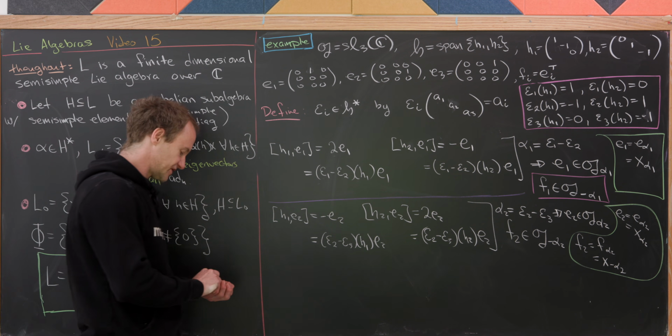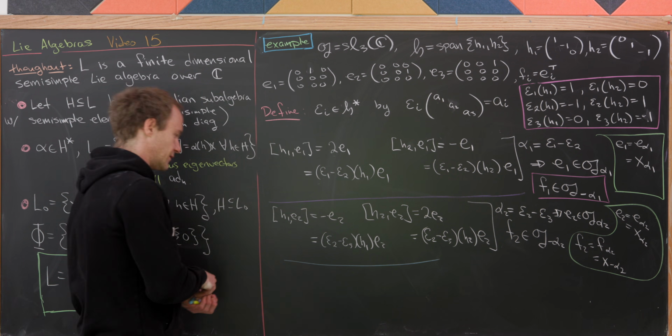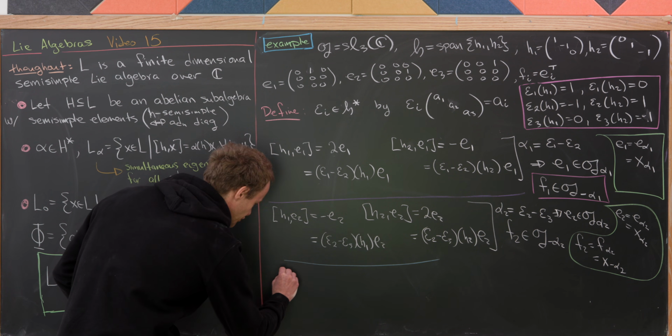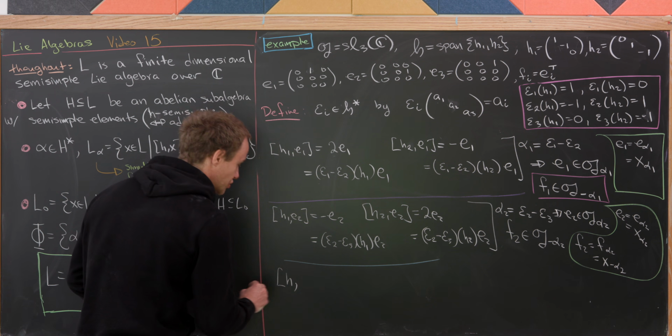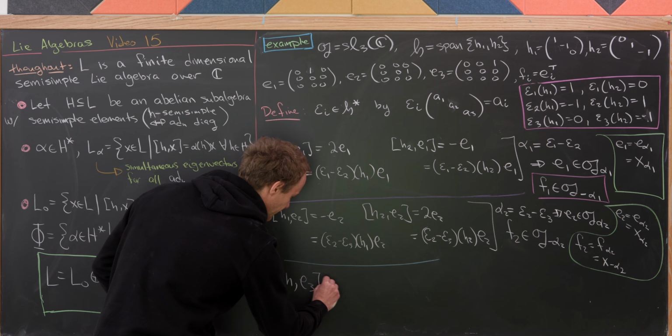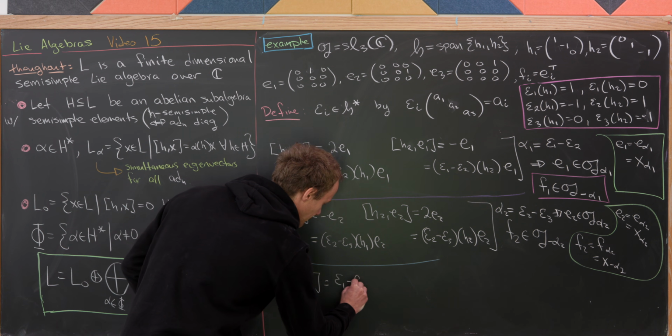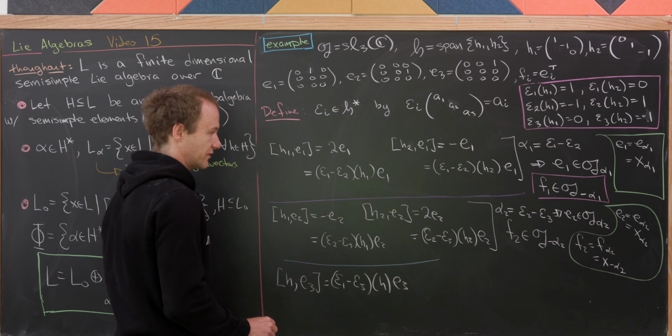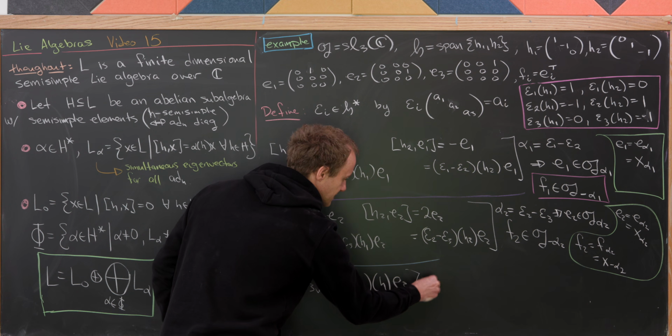And then, just to finish all of this off, we've got one last thing, and I'll just write this all at once. If you take H bracketed with E3, what you'll get is epsilon 1 minus epsilon 3 evaluated at H, times E3, which motivates the following.